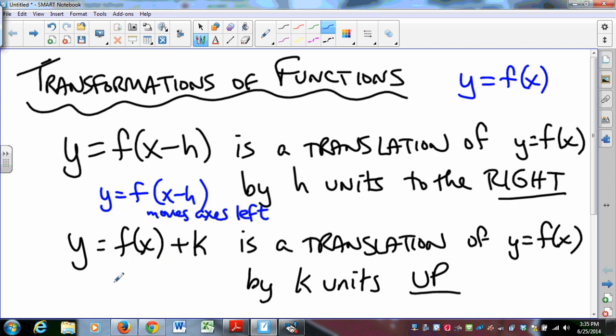But in this case, you're replacing y with y minus k. And then this k gets moved over to the right side. So you're really moving the axes down, which appears to move the function up. It just happens that this one looks intuitive because it's got the plus k at the end, and you're thinking, well, obviously that moves everything k units up.